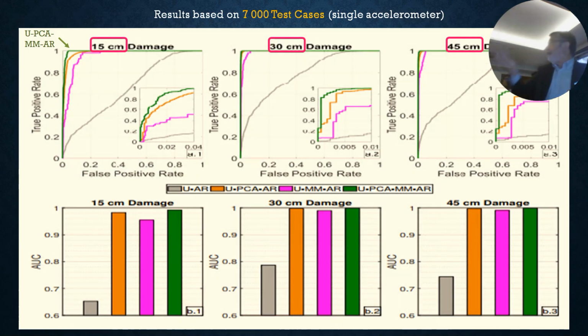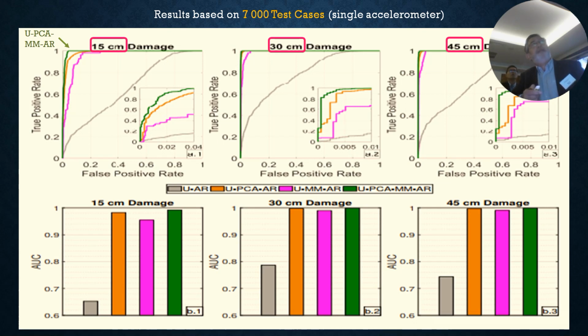And we apply the techniques that I mentioned before, and this is what we're getting. We're getting very good results. These are different methods in different colors, right? But you see one of the methods in green over here comes very, very close to the ideal performance. So we can detect it very well, and we're talking about the small damage here, only 15 centimeter.